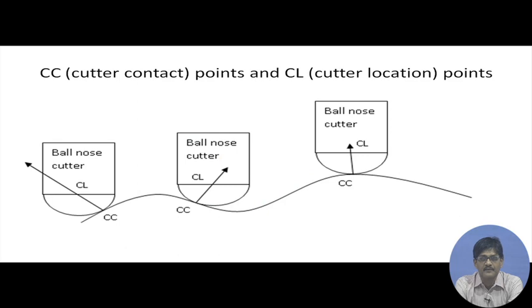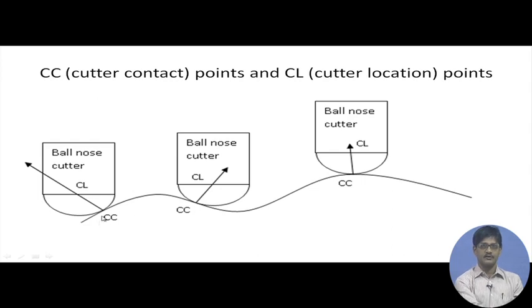Figure will make it clear. First of all, we are differentiating between two types of points in connection with 3-axis machining. That is, if we have a ball ended milling cutter in connection with the surface, the point at which it connects to the surface, the point of touch or contact, is called the cutter contact point, CC point.